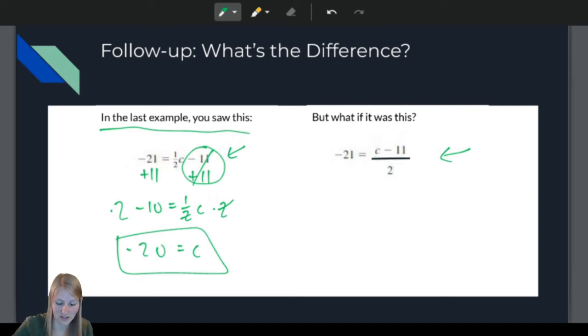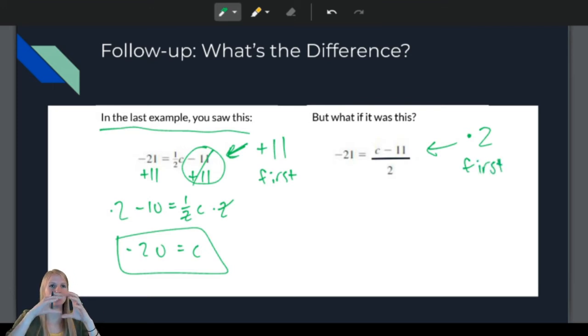So in this example, we have divided by 2. We're actually going to deal with this first. So here, we did the plus 11 first. And here, we're going to multiply by 2 first. Yeah, because the 2 is on the bottom, further away from the c, or from the variable.